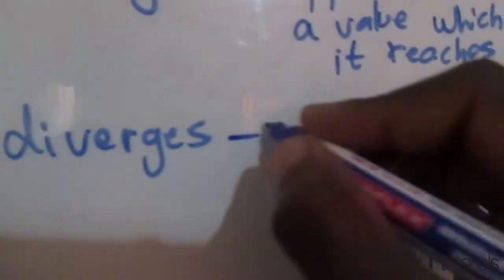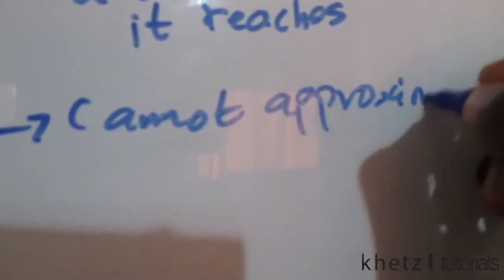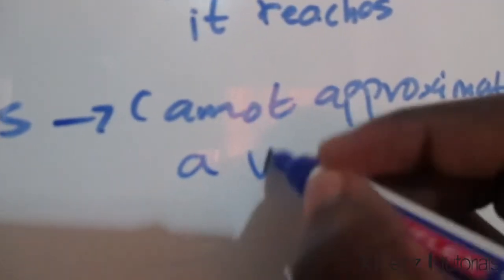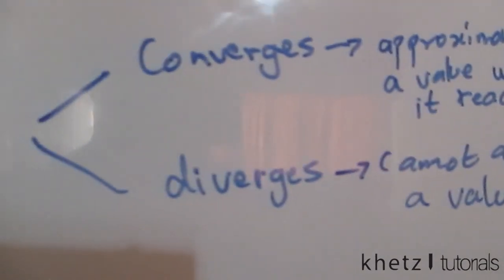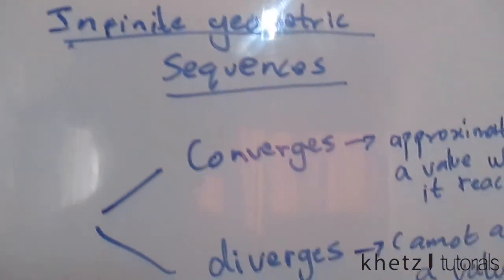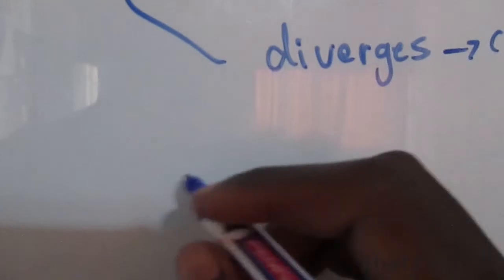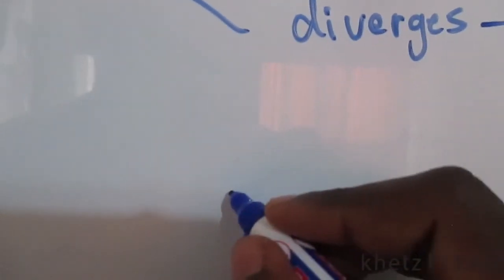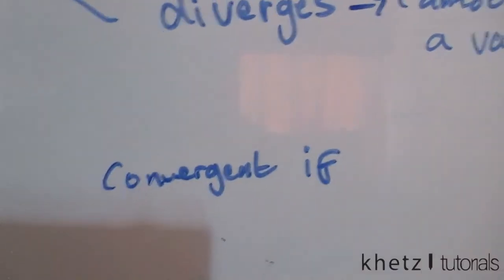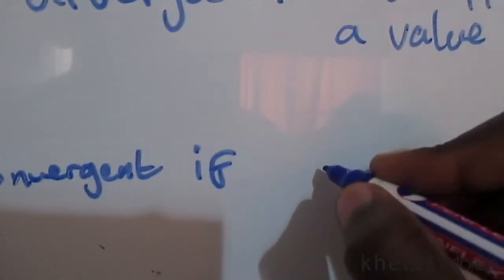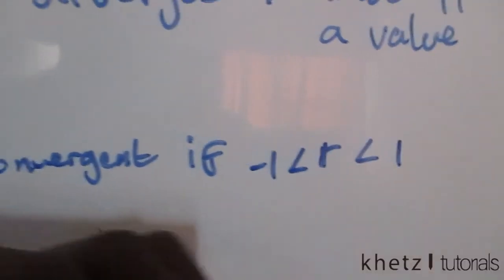If we cannot approximate a value, or if we can't associate a value with a certain geometric sequence which is known to be infinite, then we say that sequence diverges, right? And for a geometric sequence to be convergent, it has to have a ratio which is between -1 and 1.